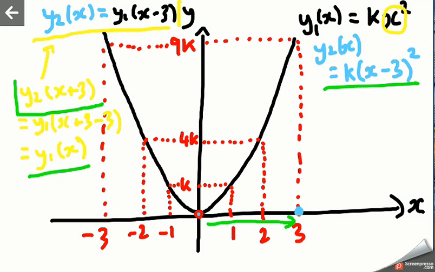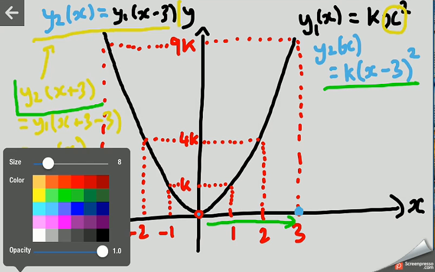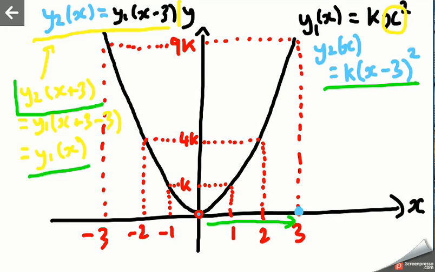Let's double check that everything works the way it should. We've sort of already proved it algebraically if you want, but let's go ahead and do some more calculations. If I put x equals 4 into my new function y2 of x, I want to get k out, because I want it to be the same as my function y1 of x, but moved 3 units to the right. Do I get k out?